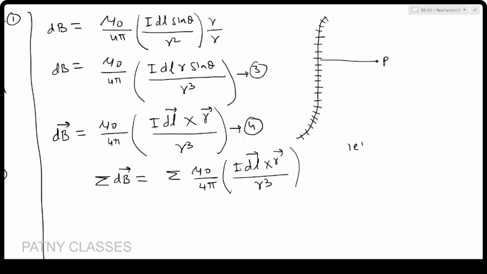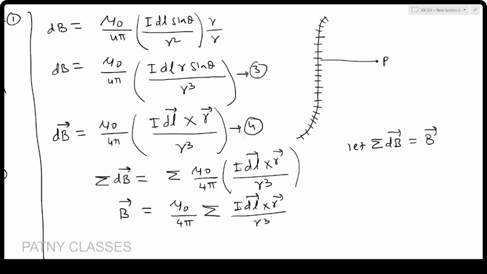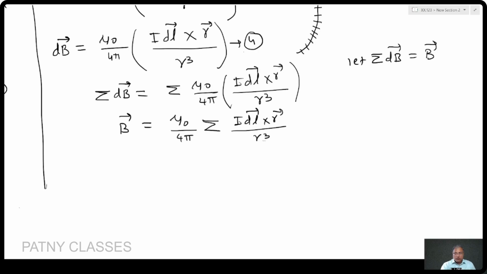Now let summation dB equal B, vector B. Therefore vector B, and here mu naught upon 4 pi is a constant, take it out from the summation. So we got summation I dl cross r divided by r cube. By using this formula, we can find out the total magnetic field at the point P. Call it equation 5.